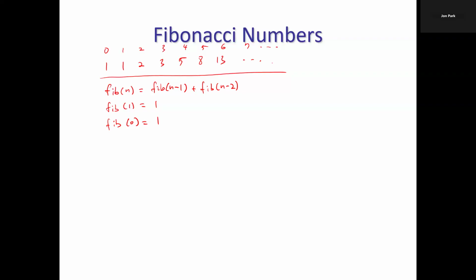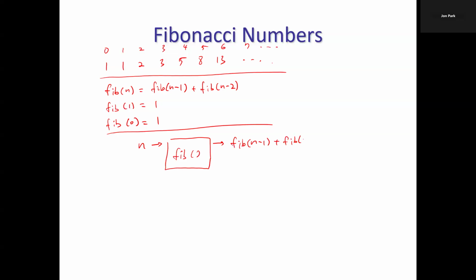Now that we know how the method should behave, we can do the same exercise where we have one method called fib. It behaves differently depending on the input, right? If you pass in n, it should return fib of n minus 1 plus fib of n minus 2.